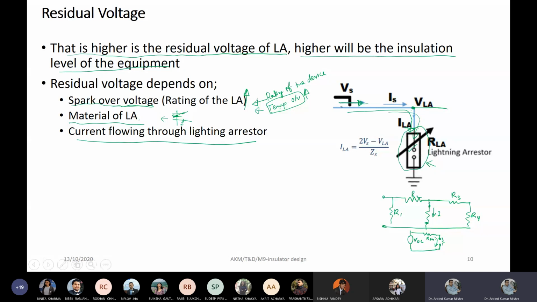So here also, how can we Thevenize this circuit, how much current will flow through this? Think that this lightning arrestor is completely open circuit.